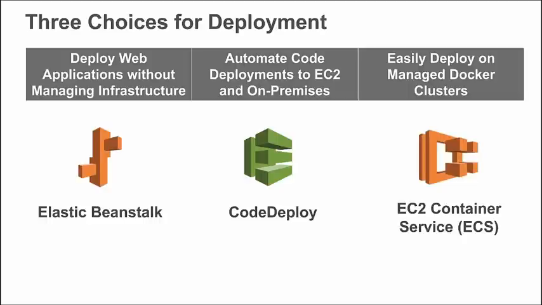Next, you can choose to use AWS CodeDeploy to flexibly automate deployments to both Amazon EC2 and instances running on premises. Finally, we have Amazon EC2 Container Service, often referred to as ECS, which is a scalable cluster manager for Docker containers that lets you flexibly schedule and update your Docker applications.